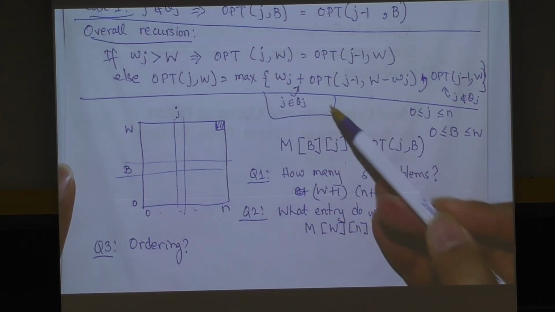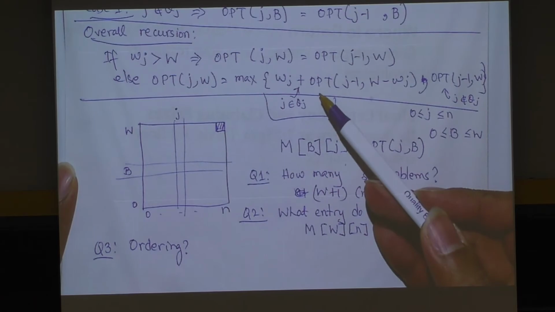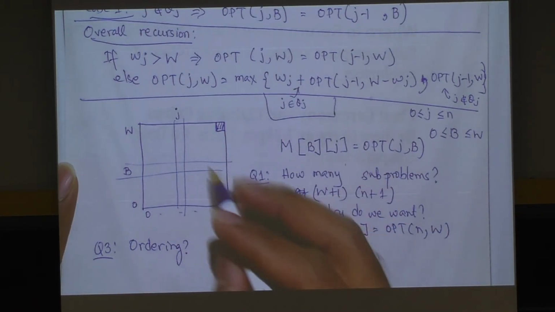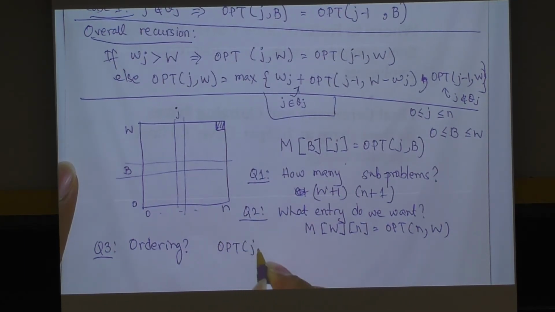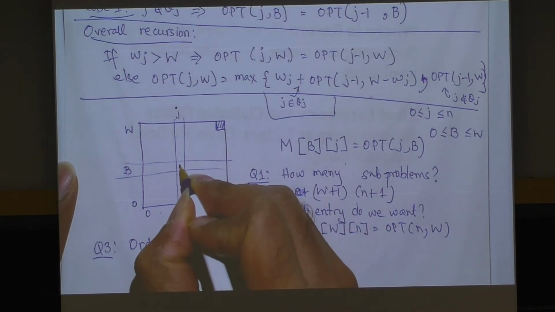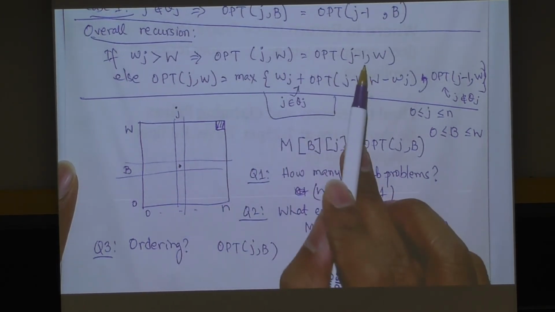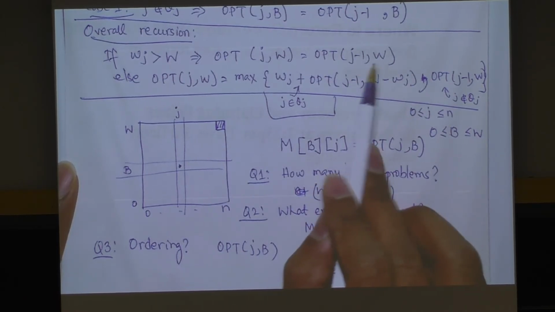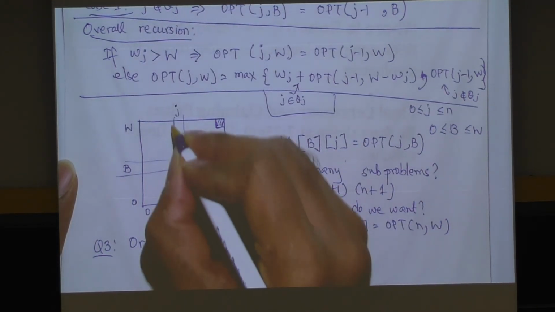The idea always is, let's go look at the recurrence relation itself. So let's say I'm interested in opt of j comma b. Then the thing to note is that it could be dependent on, with the same budget, but in the previous column.